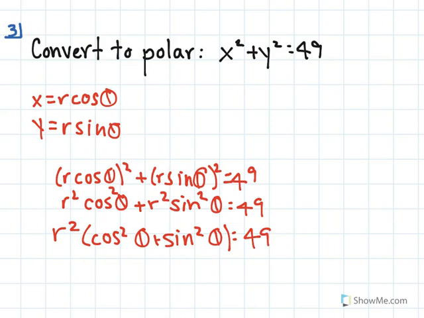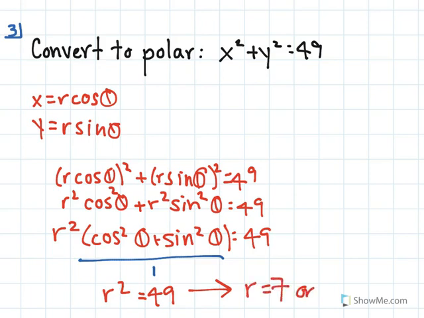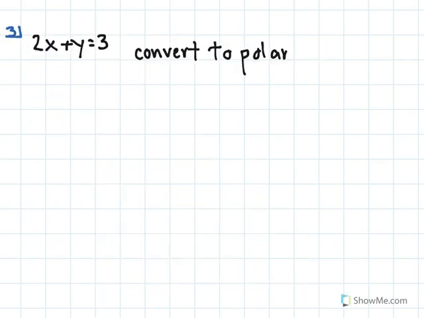Now remember, this is just an identity, it's equal to 1. So we now will have r squared equals 49, and we can take the square root, and r equals 7 or negative 7. So that's going to be our equivalent polar equation.